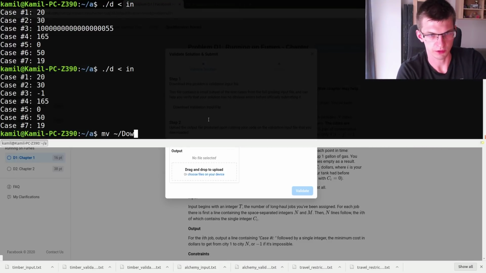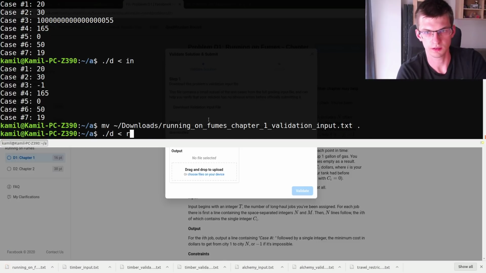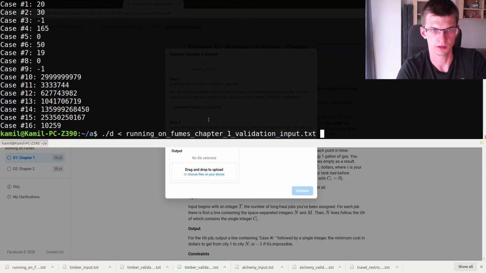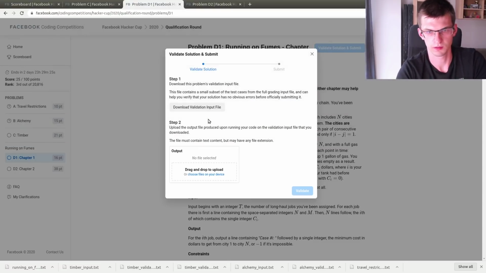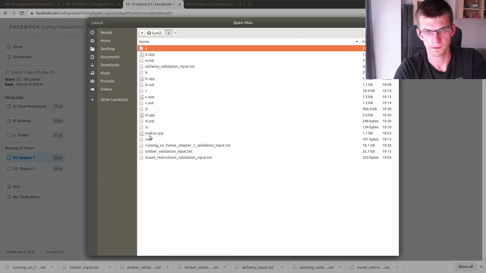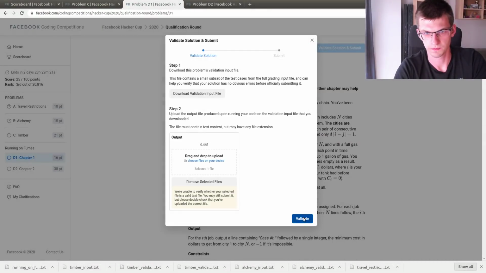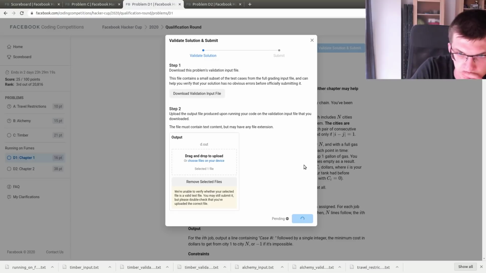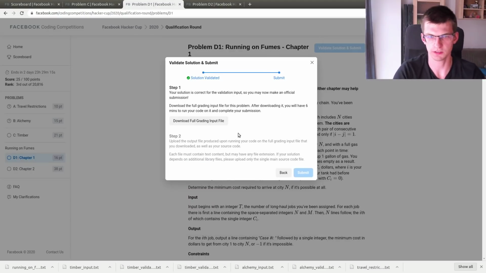Move from downloads, running here. Again, I need to read what this validation does.